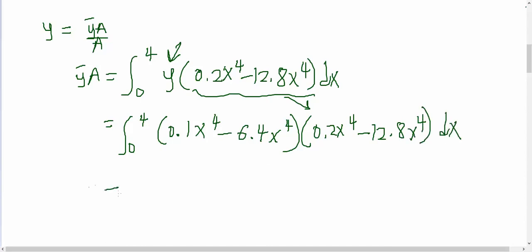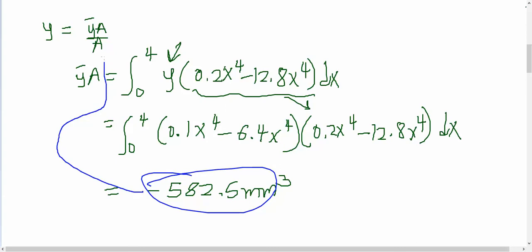Computing the integral here, we have negative 582.5 millimeters cubed. Well, now to solve for y, we can go ahead and plug this value back in here.